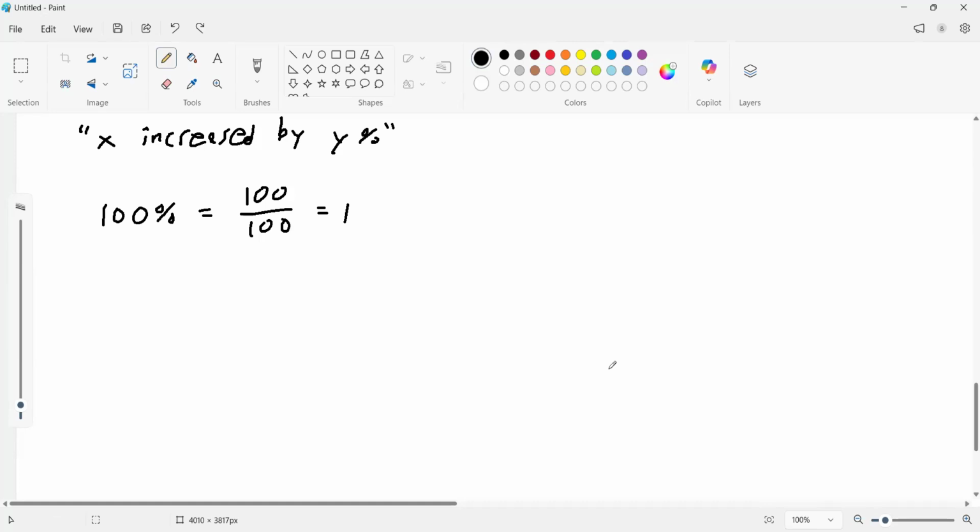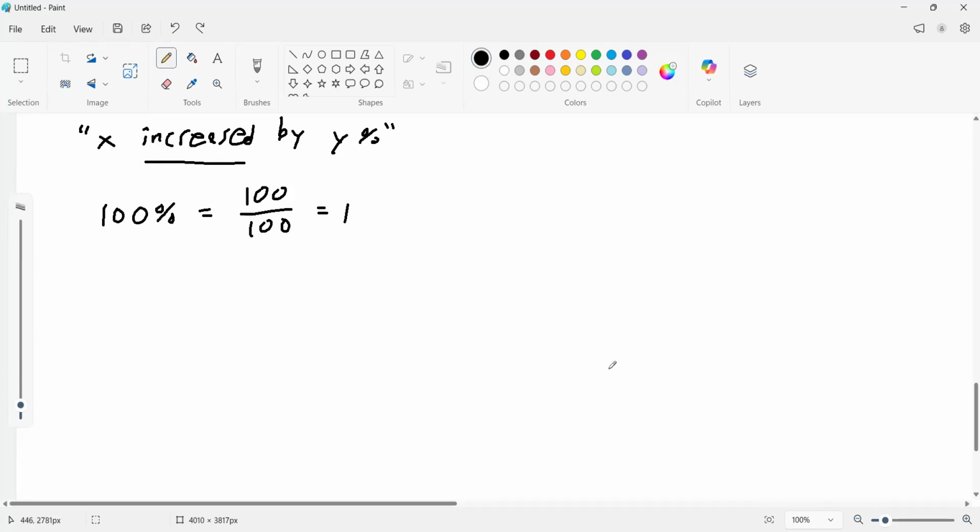This is going to be really useful to understand when we start talking about increasing and decreasing, because the natural question is, if I'm increasing, what was the original amount? The benchmark for your original amount is the 100% mark, because 100% is just itself. So if I say that X increased by a certain percentage, what I'm really saying is that X needs to be multiplied in a certain way.